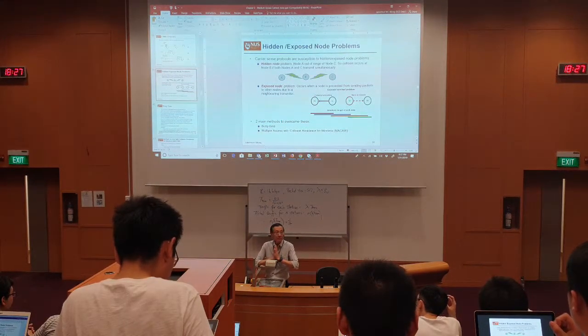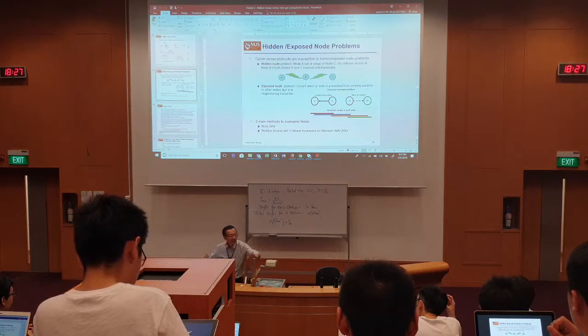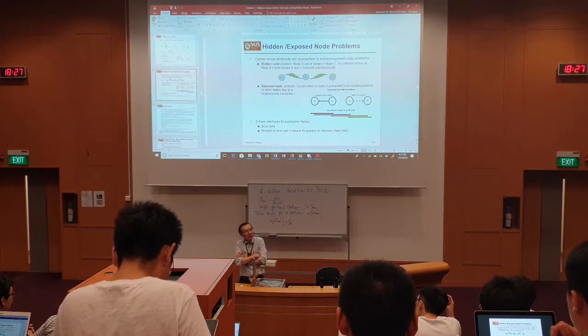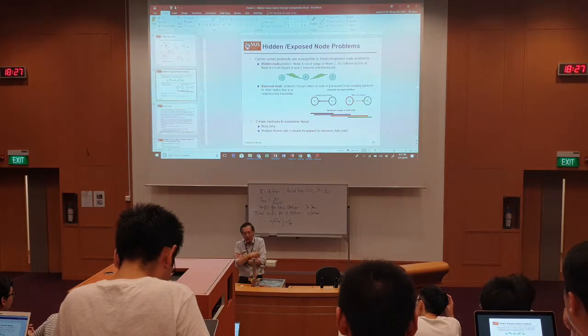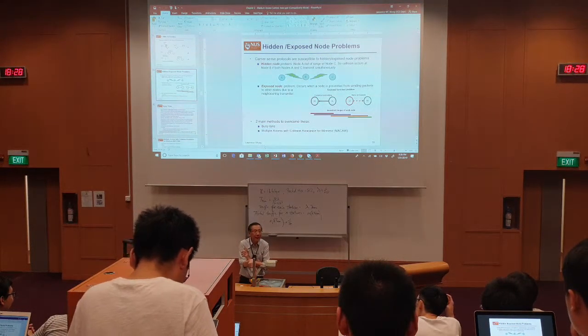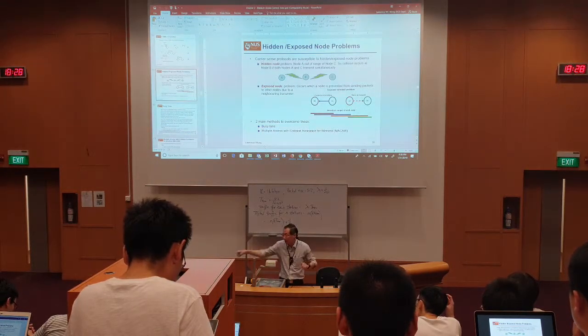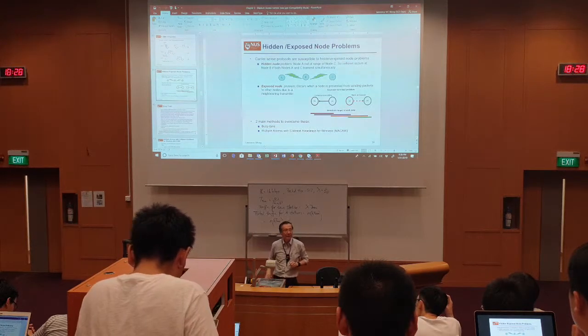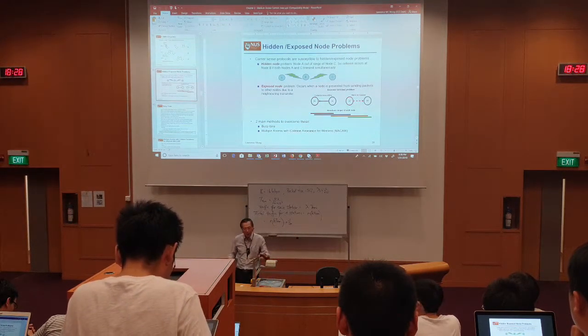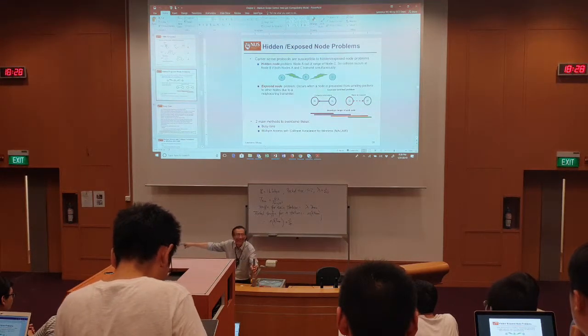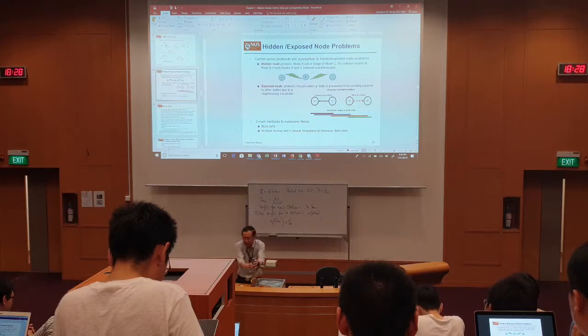Got it? C wants to send to D, but it heard B's transmission, so it keeps quiet. It has to behave. But actually C can send to D, not to B. Even at the same frequency, there's no problem, because D's side will not be reached by B's signal. C's signal can reach B, but it's okay.